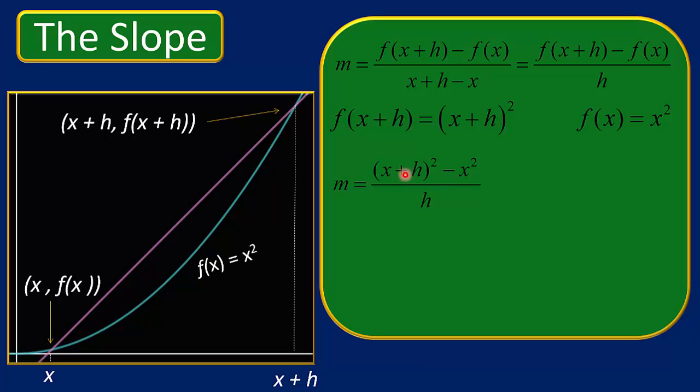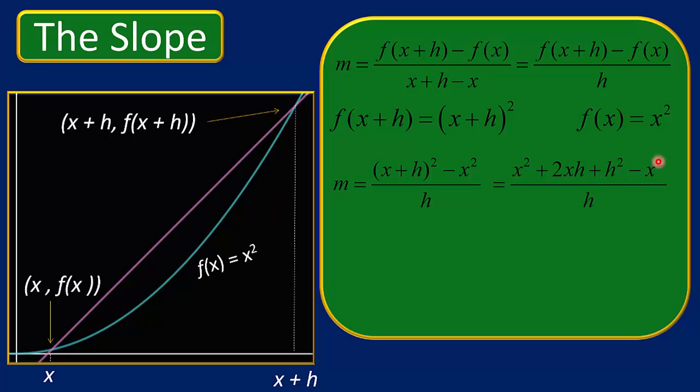Now, I want to multiply this out. Okay? Just x plus h times x plus h, and that's this. That's just a little bit of algebra 1 there. And if you don't recall how we multiply something like that out, if I say FOIL, if I say let's FOIL this, that might ring a bell. But anyway, I multiplied that out. And now notice I have x squared plus 2xh plus h squared minus x squared.